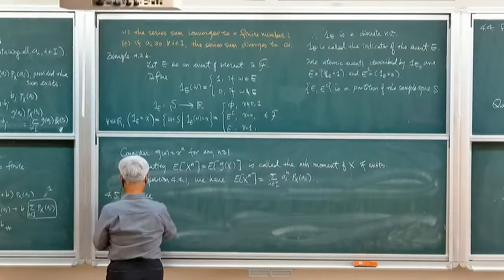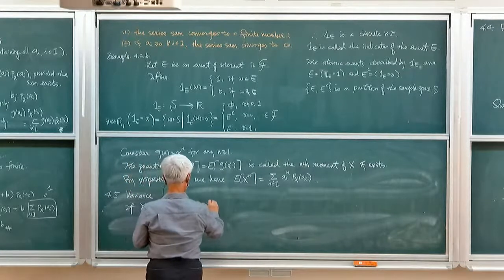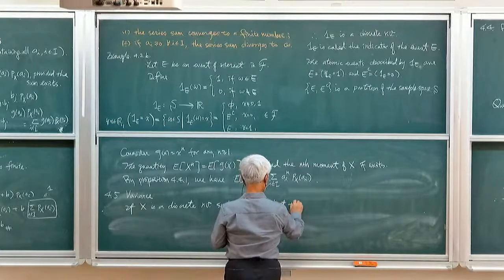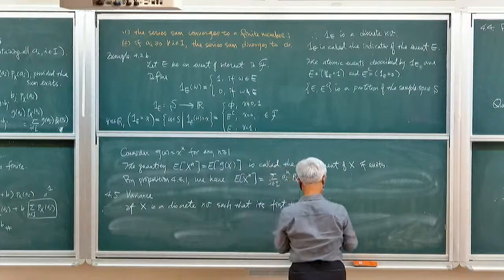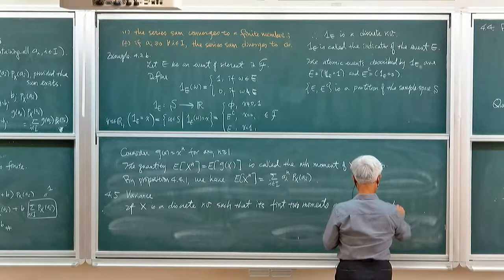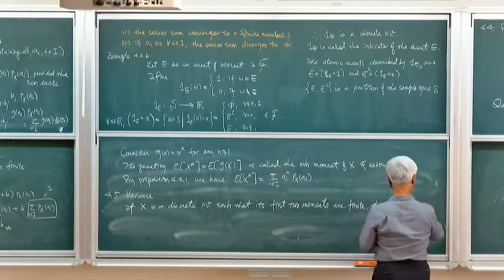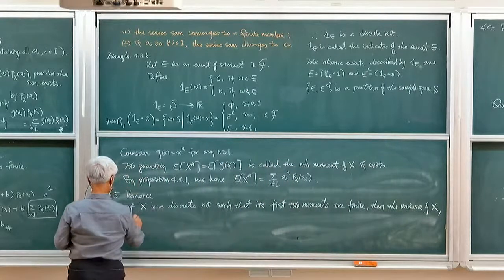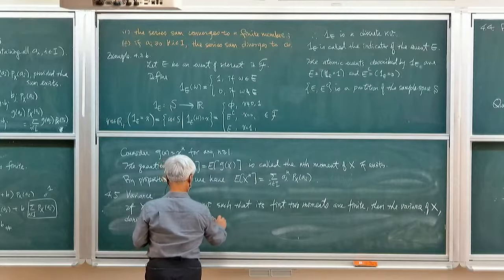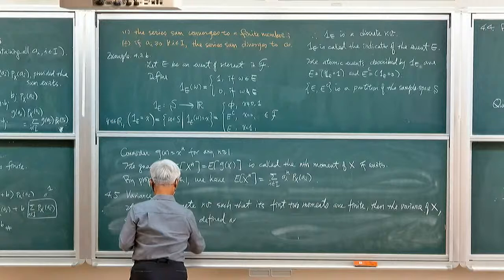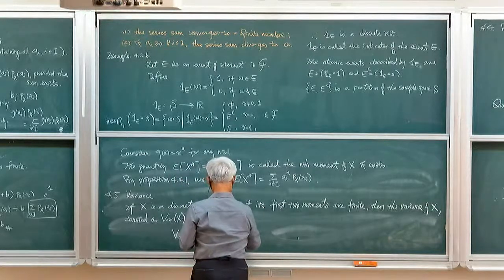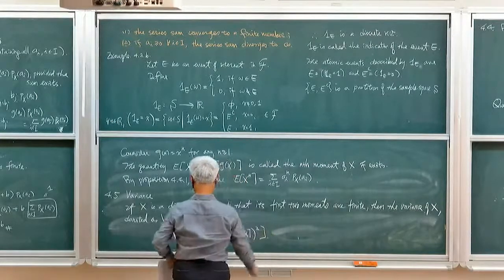So if x is a discrete random variable such that its first two moments are finite, then the variance of x, denoted as VAR of x, is defined as the expectation of (x minus expectation of x) squared. Okay.